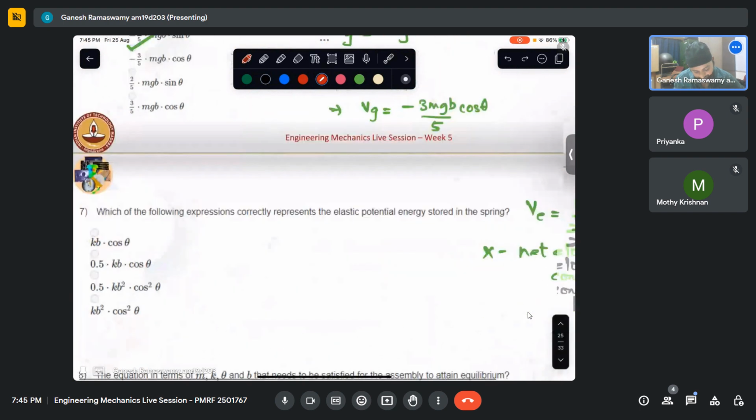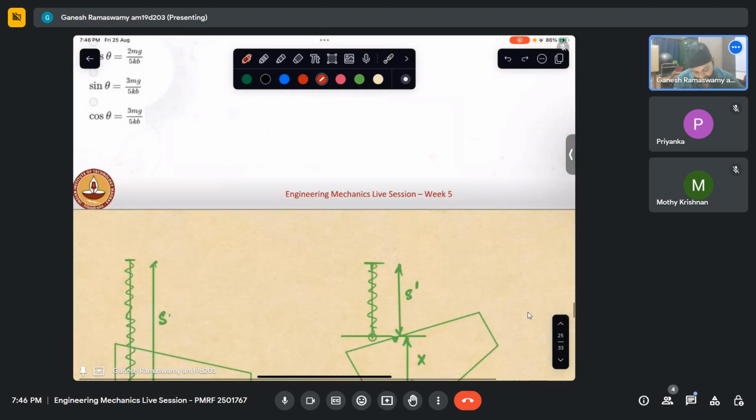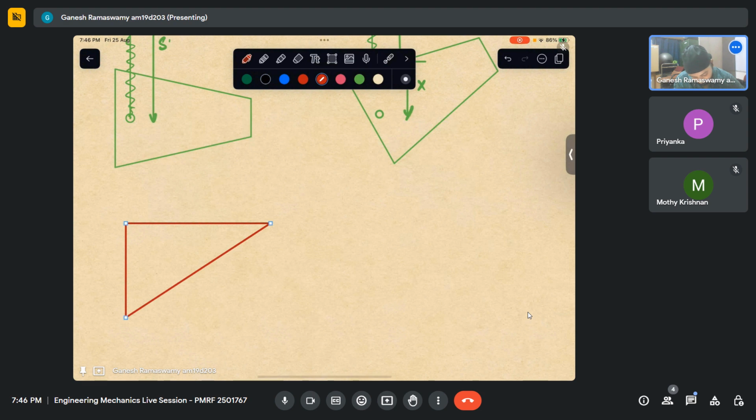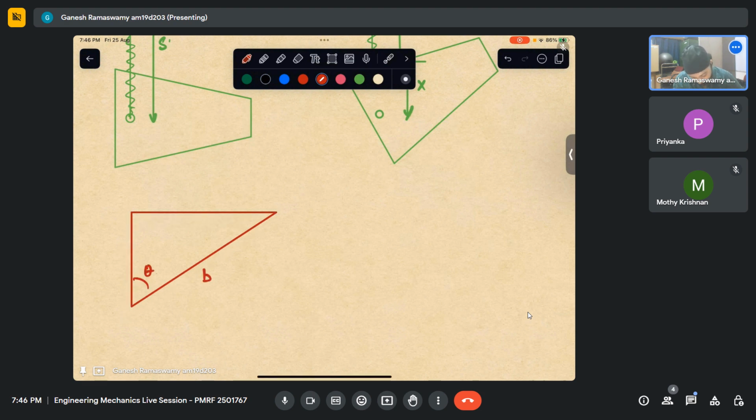Let me take it like this, where I have this to be theta, this is B, and this is X. So I have X is nothing but B cos theta.